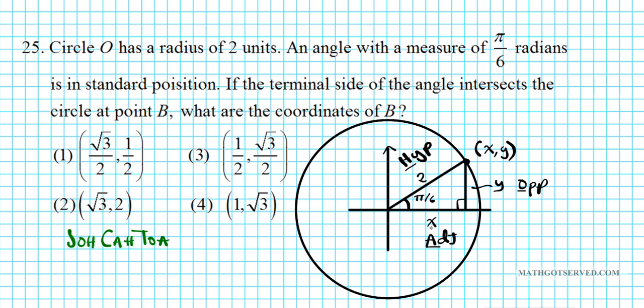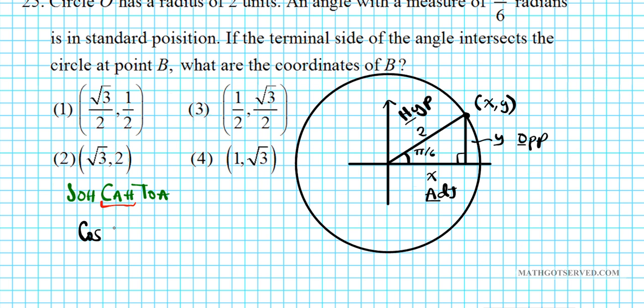All right, so which trig ratio has A and H in it? Ka, right? Ka in Sohcahtoa. So we're going to do cosine of the angle, which is pi over 6, is equal to adjacent over hypotenuse.